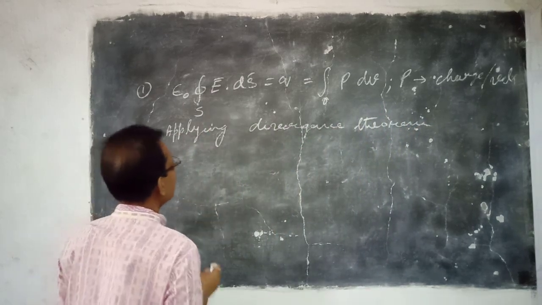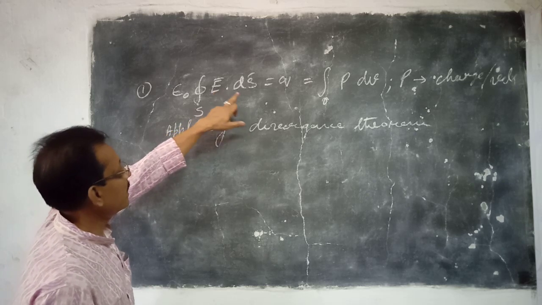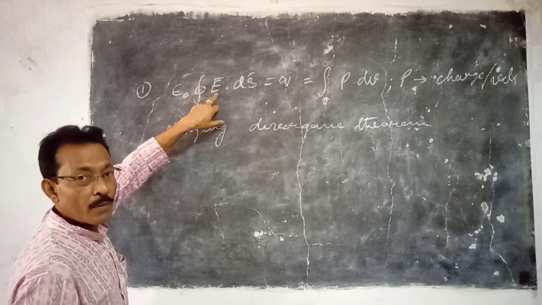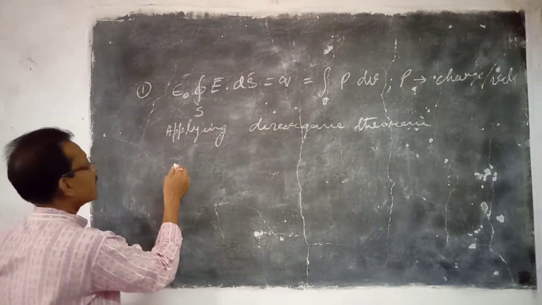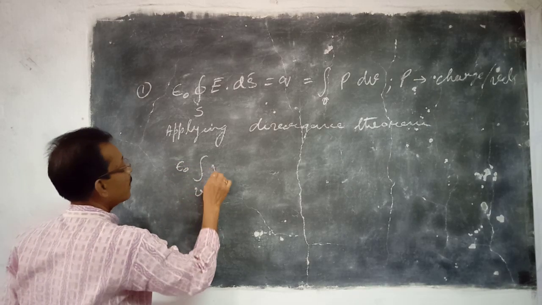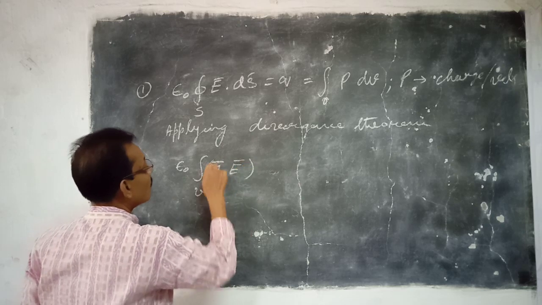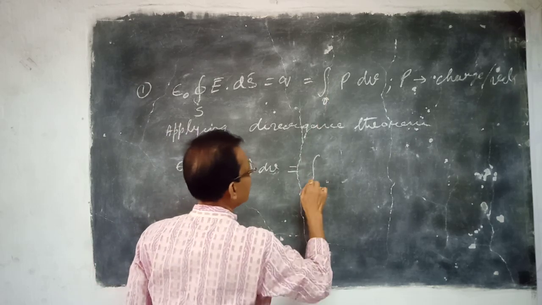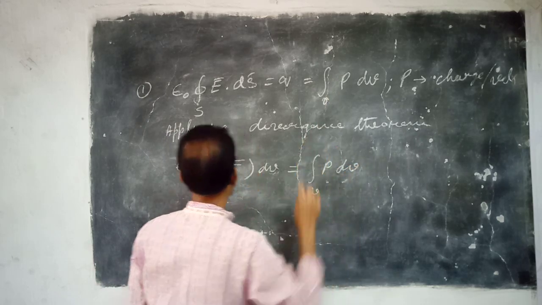If we apply the divergence theorem, the closed surface integral of E must be equal to the volume integral of the divergence of E. So this side we write epsilon 0 times the volume integral of the divergence of E dv is equal to this side, the same volume integral of rho dv.